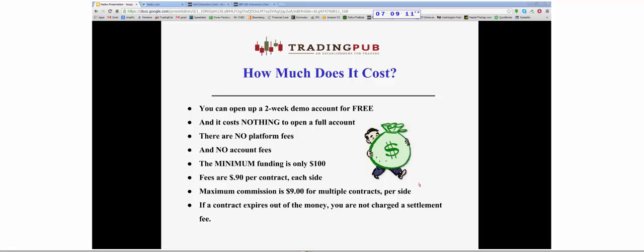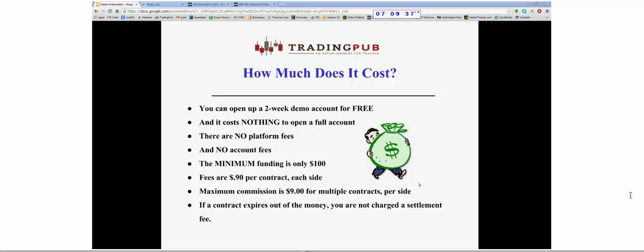So you'd have an $18 round trip on a successful trade if you have 10 contracts. And if you traded 20 contracts, the fees paid would be the same, $9 on each side. So there are some economies of scale if you trade larger contract positions.